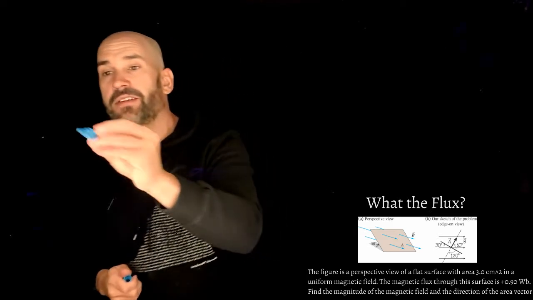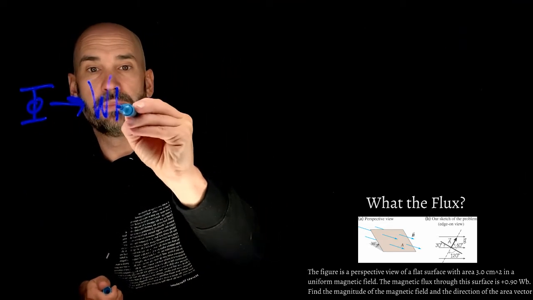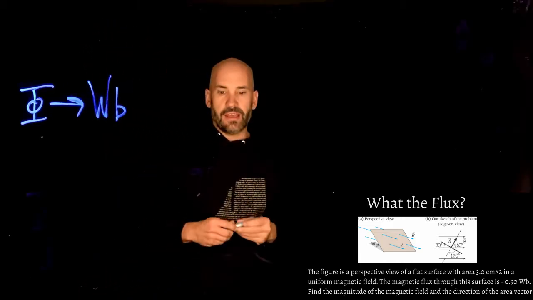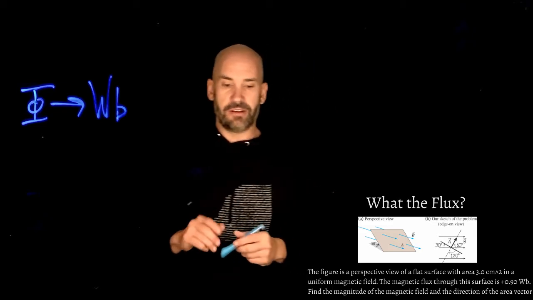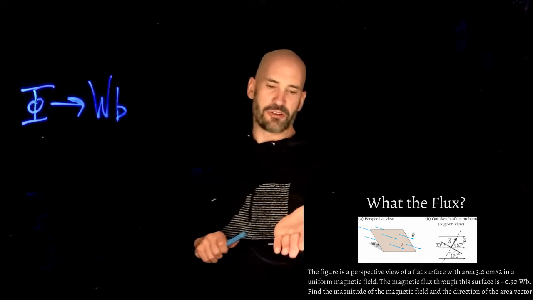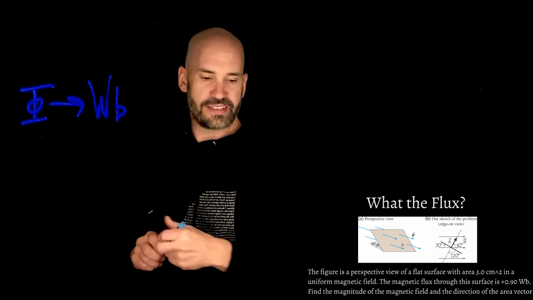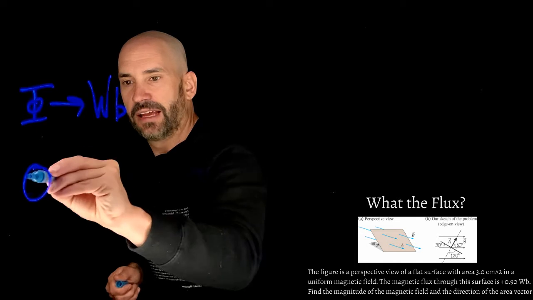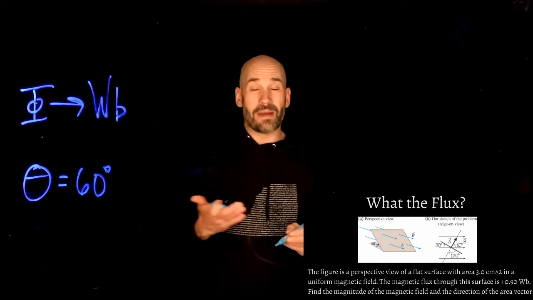Flux is measured in a unit called Webers, WB. Find the magnitude of the magnetic field and the direction of the area vector. The picture gives you the direction of the area vector: the area vector makes an angle of 60 degrees with the B field. So that makes our problem really easy.